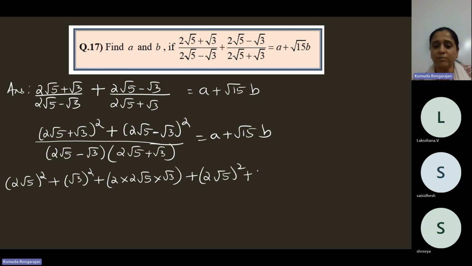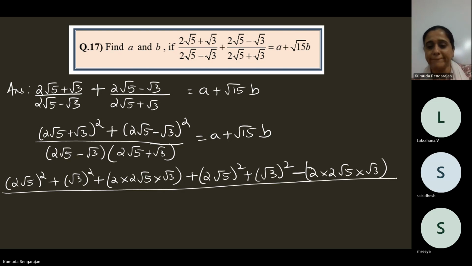Now we'll write a square plus b square minus 2ab, right? Minus, divided by the denominators of the form a minus b into a plus b. So by the identity we have a squared minus b squared.